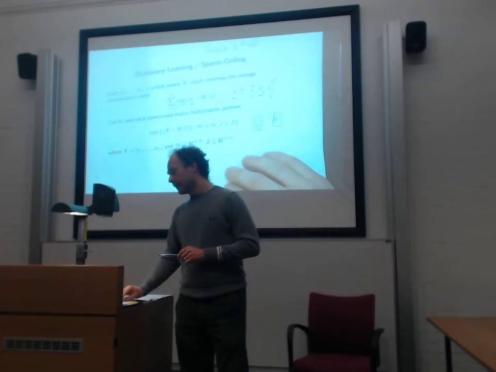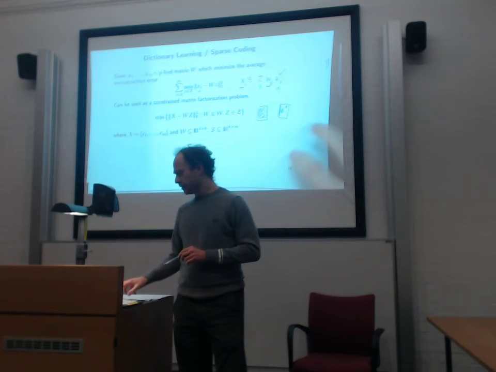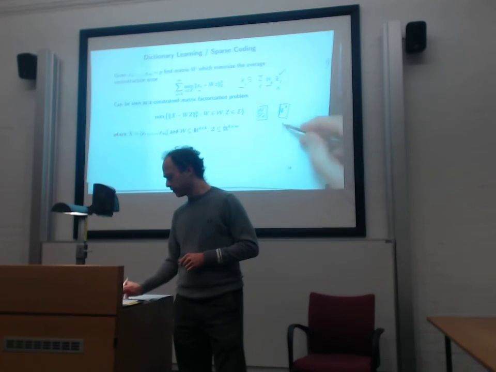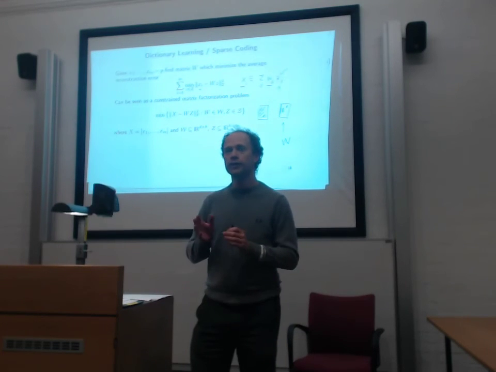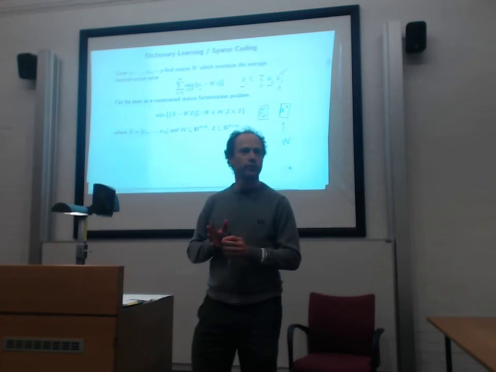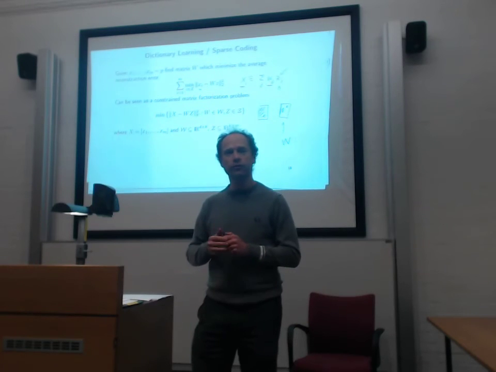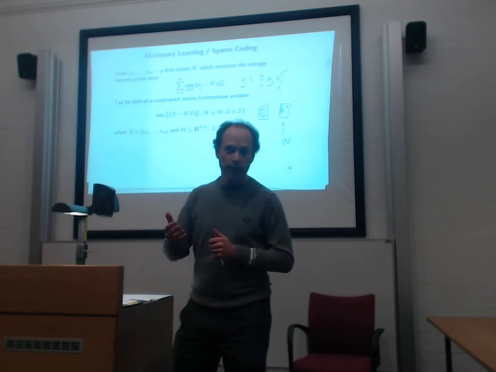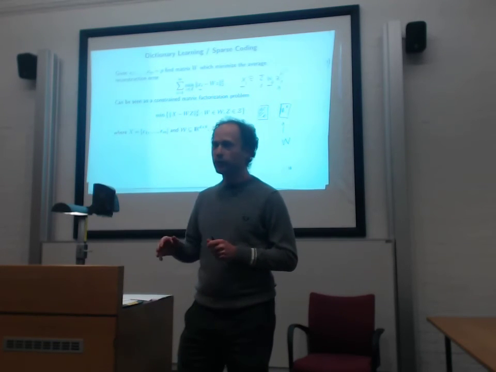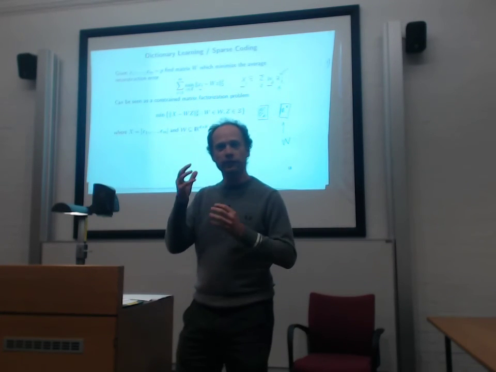Another, more mathematical interpretation is that the basis vectors, the columns of W, maybe encode some local properties of images, maybe edges, or perhaps, if you apply this to images of faces, parts of the face.